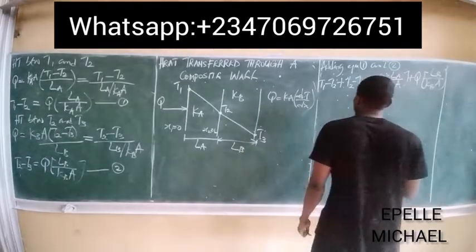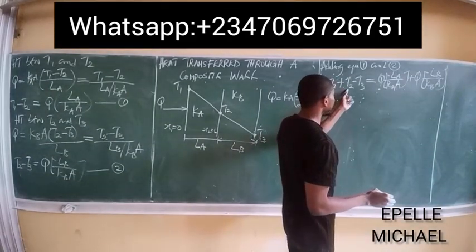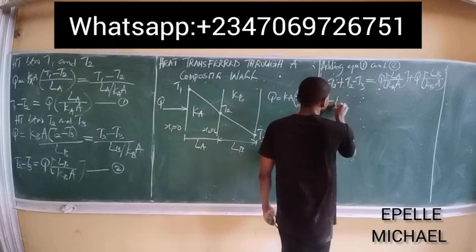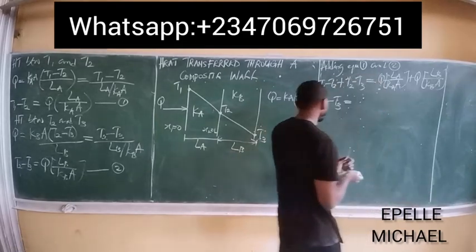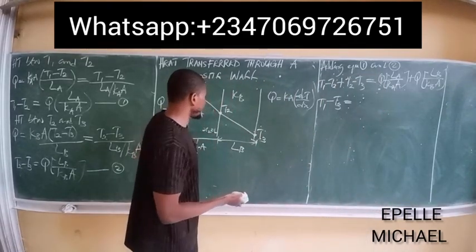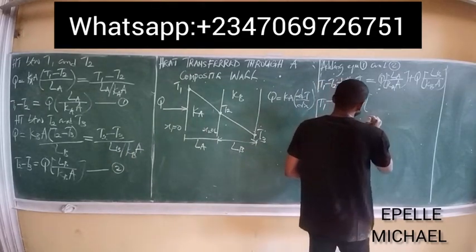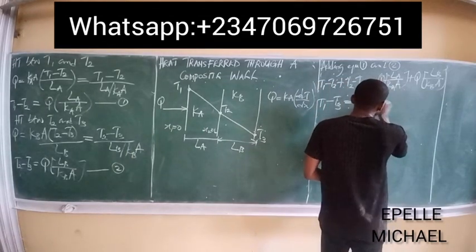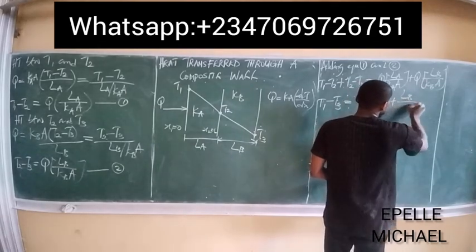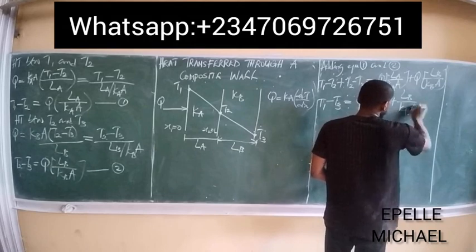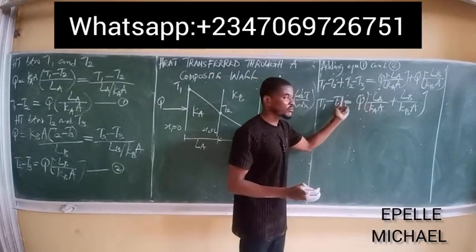So if we have this now, notice here that T2 cancels out. So we simply have T1 minus T3, and that's simply equal to, of course, it's still the same intensity of heat that goes through the plane, Q. So heat is the same. You can make Q subject, it becomes LA all over KA times A plus LB all over KB times A. So let's make heat subject of the formula now.